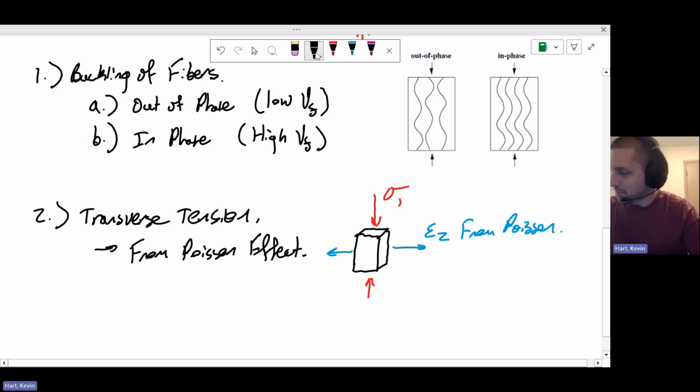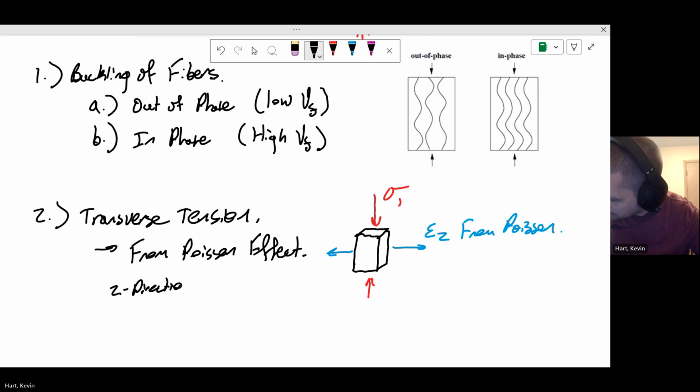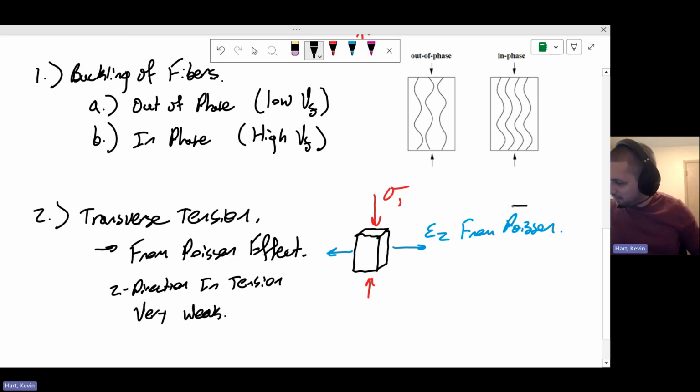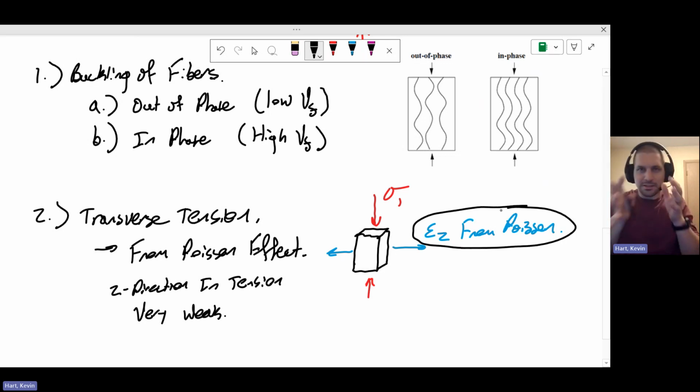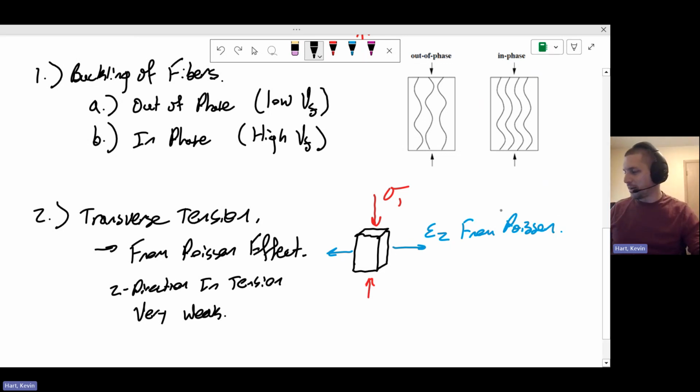Because the 2 direction in composites is so weak in tension, very weak, this Poisson response, causing the composite to want to expand in the 2 direction, might in some cases be enough by itself to cause the composite to fail in transverse tension, which is wild.